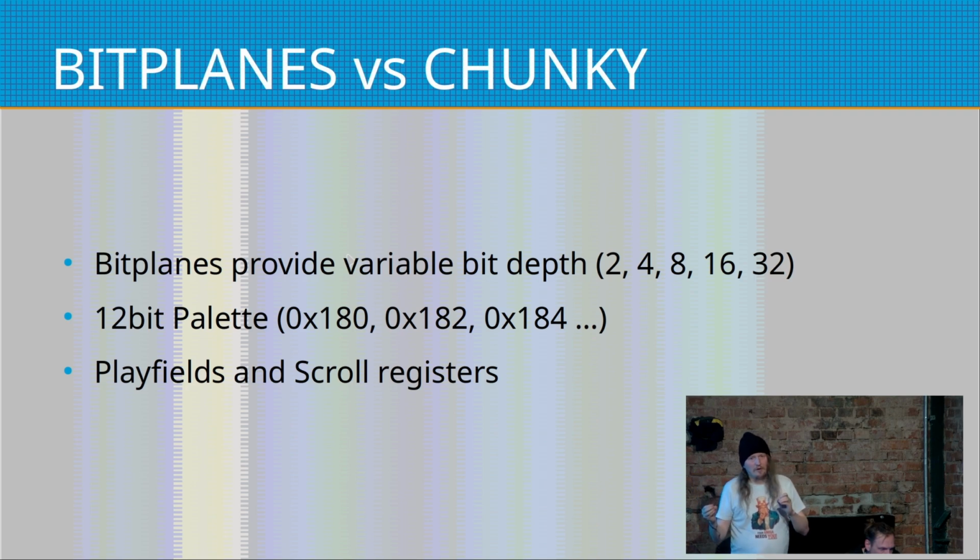So obviously they wanted the smooth scrolling, so there's scroll registers for both play fields, and Amiga supports 2 play fields. This is rather advanced topic, I guess, but it's possible, and you've seen it in many demos and such.